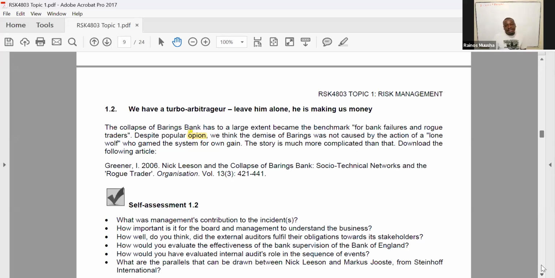So when you look at these activities, the same question is being asked as well. Is it a fair assessment to say within Bearings Bank, can we fairly assume that in this case, the risk management function did fail?